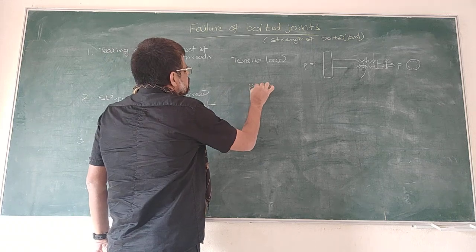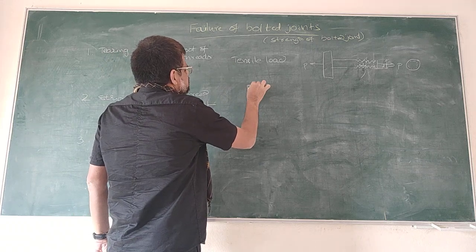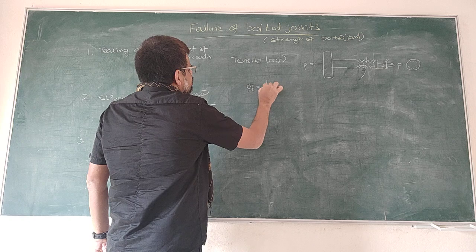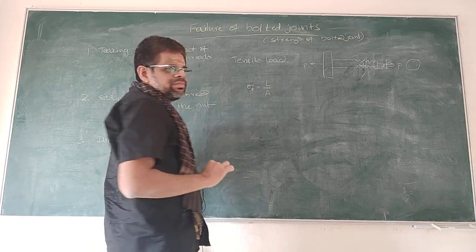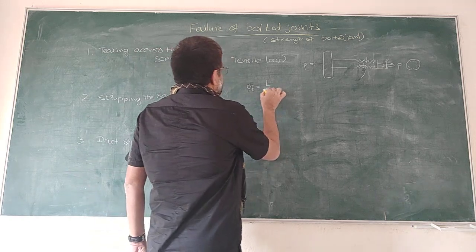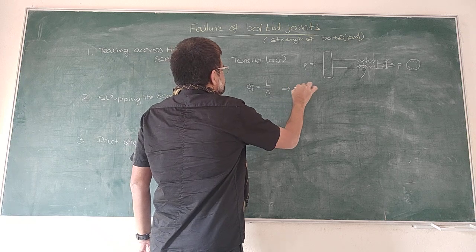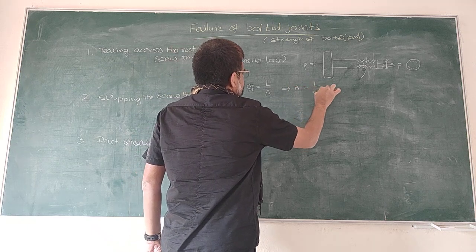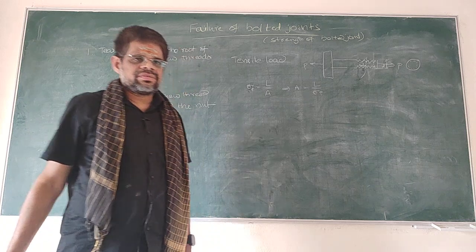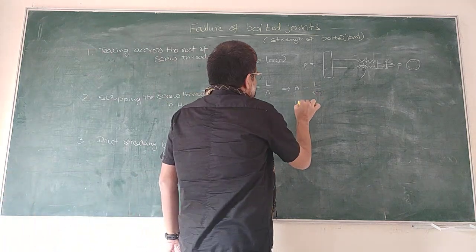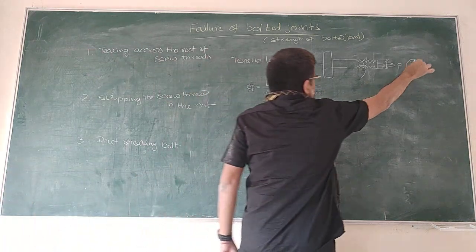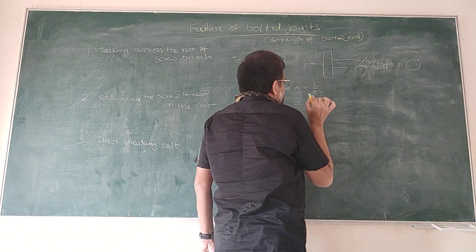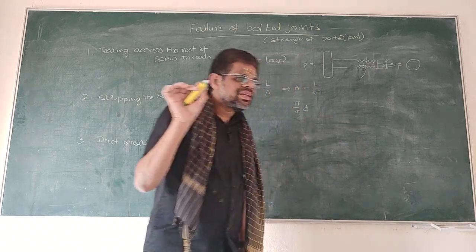Stress sigma T is equal to load by area. So area is equal to load by tensile stress. We know that the area is pi by 4. Is it DC square or D square?